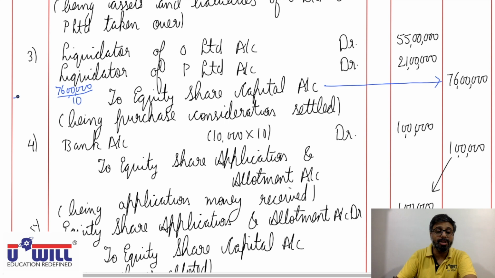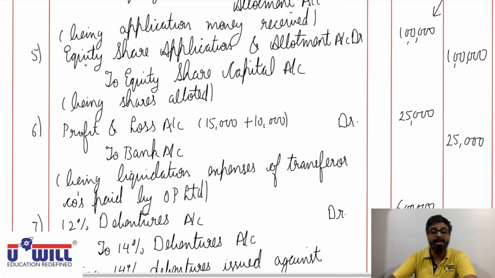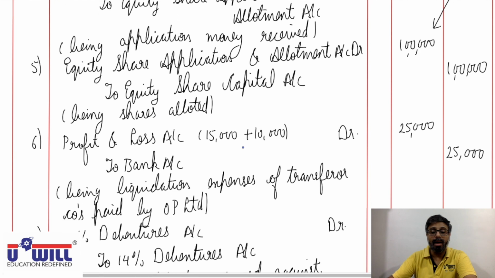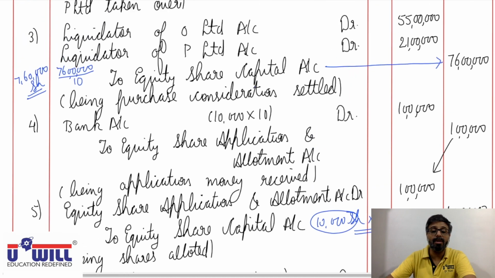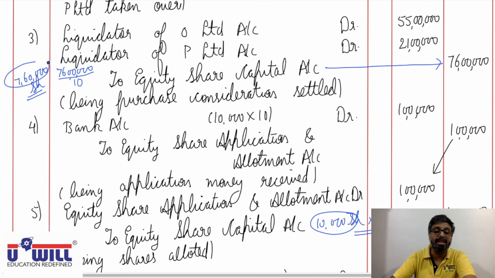How many equity shares would have been issued? 7,60,000 equity shares would have been issued. Plus adjustment entry 5. How many equity shares did we issue in the public? It was given in adjustment, 10,000 shares of 10 each are issued in the public. So this 10,000 plus this 7,60,000.